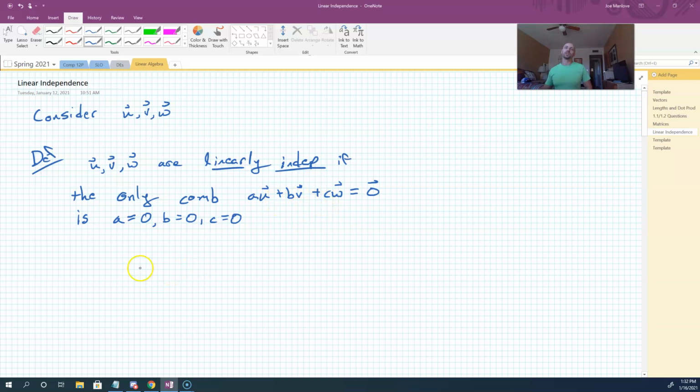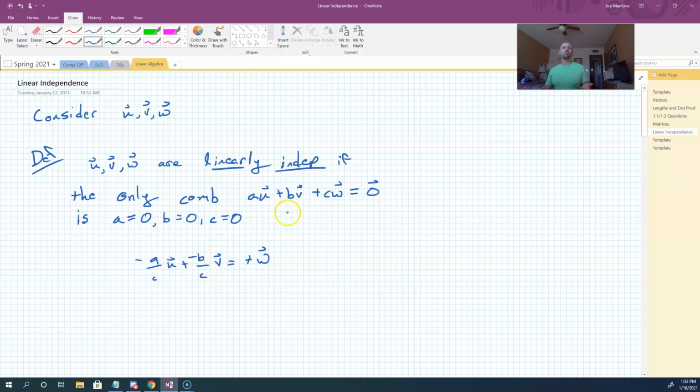So if we rearrange this a little bit, we'd see something like a over c times u plus b over c times v is minus w. And we could bring that minus sign to the other side, and we could see that w is in the plane formed by u and v. Now, I was only allowed to do this because c wasn't 0, right?